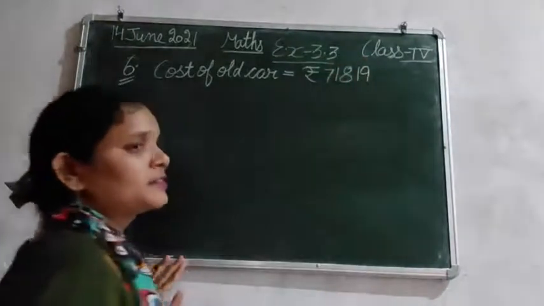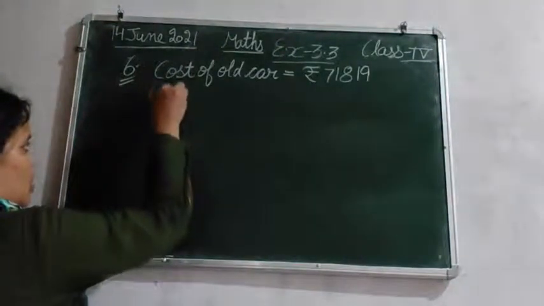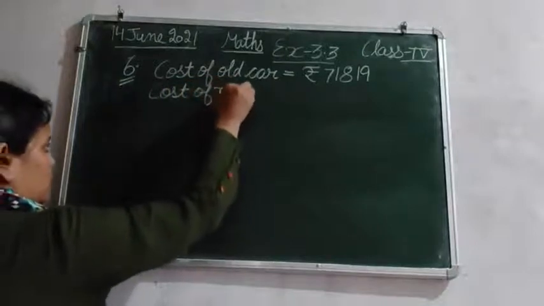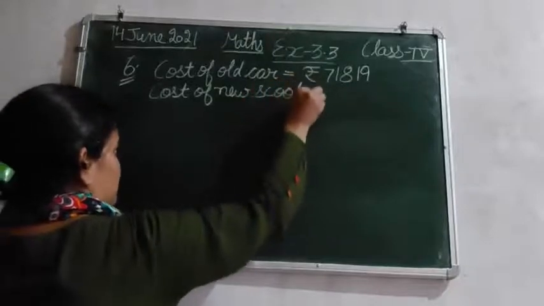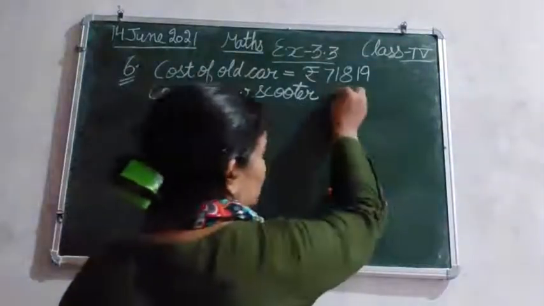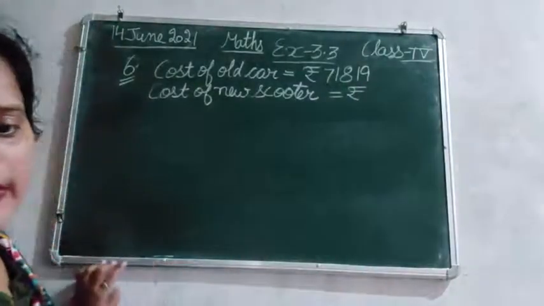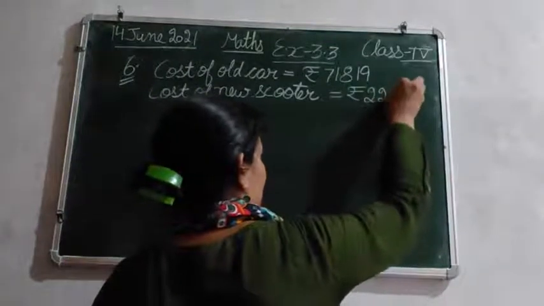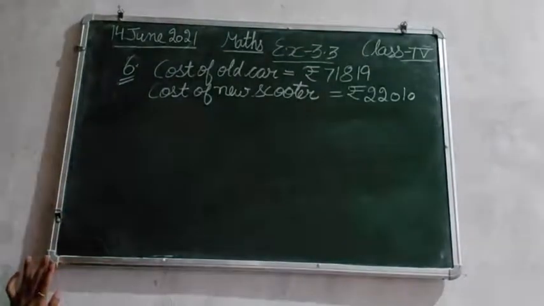Okay, so this is the cost of old car, cost of new scooter. So the cost of new scooter is rupees 22,010. So this is the cost of new scooter.